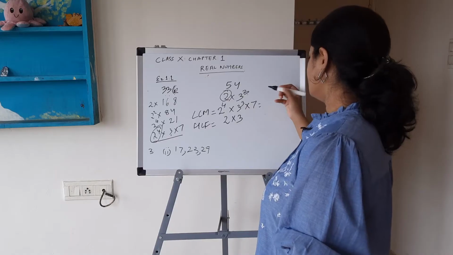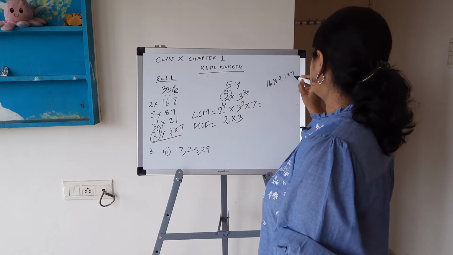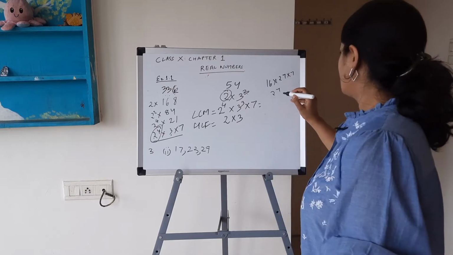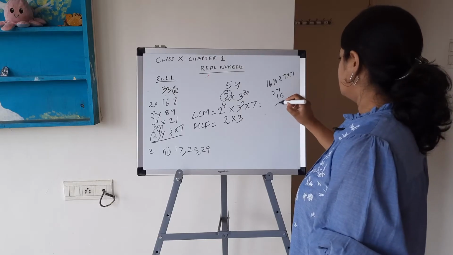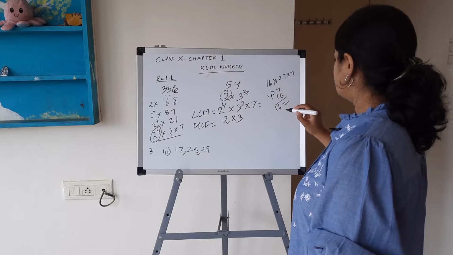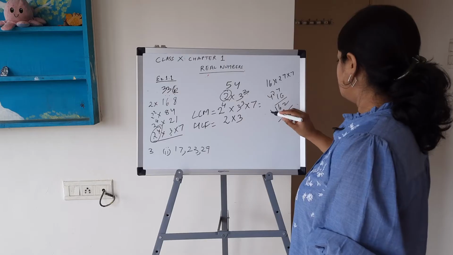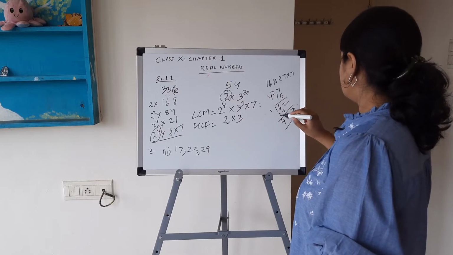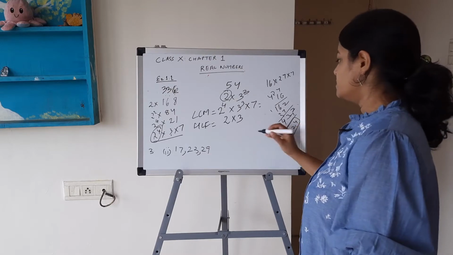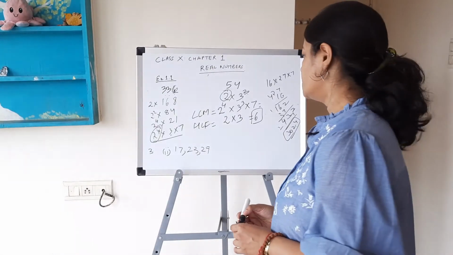You can multiply this. 16 into 27 into 7, right? So it's 3024. We can check whether it's the same or not, and HCF is this. So this is the answer for this. LCM is 3024 and HCF is 6.